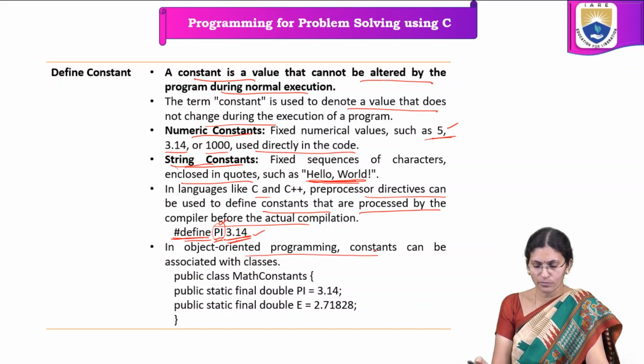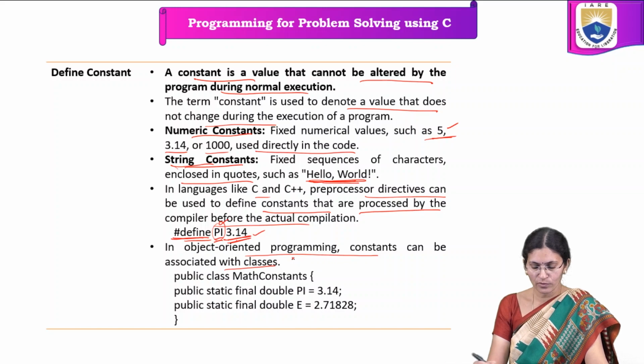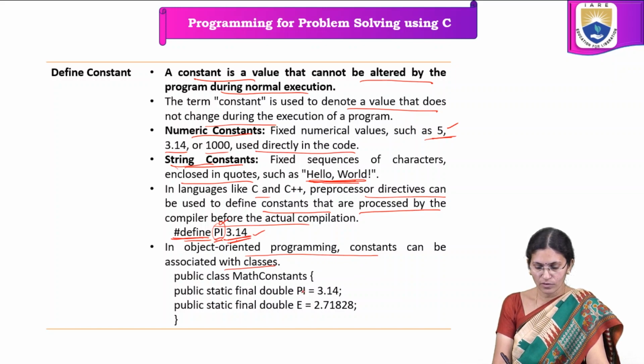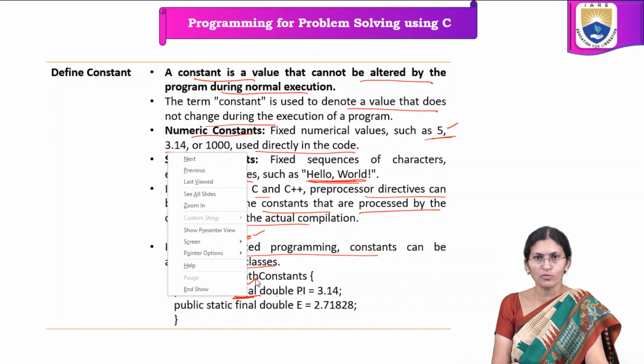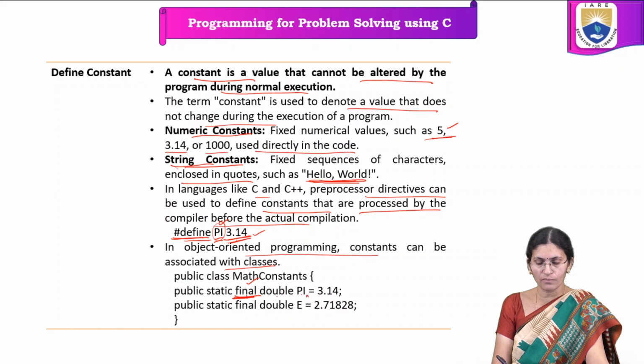In object-oriented programming, constants can be associated with classes also. For example, in a Java program, we can define constants by using the keyword final. If you have the access modifier final before the variable, as in final double pi, final is the keyword used to declare that a particular variable's value is constant.